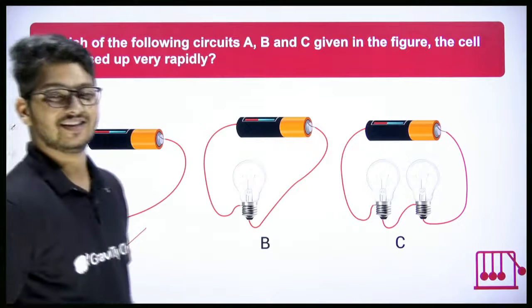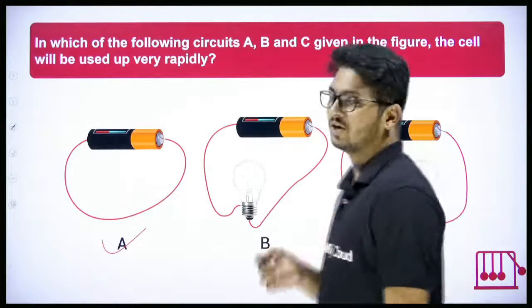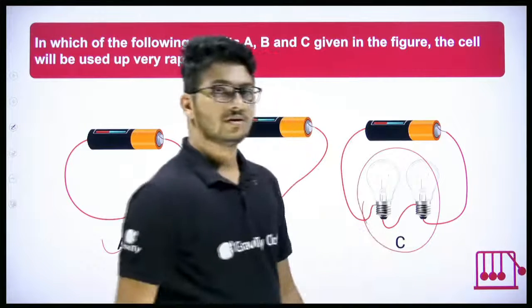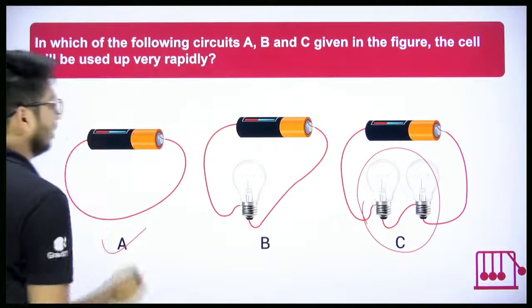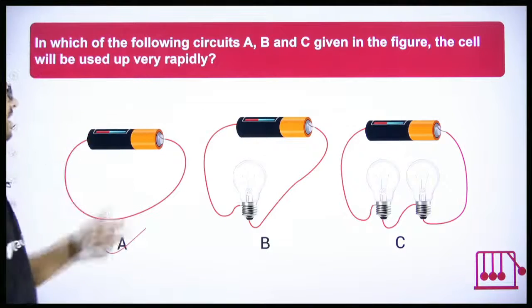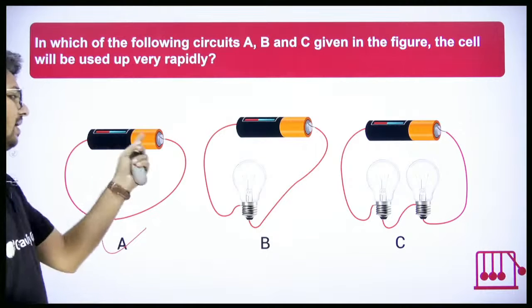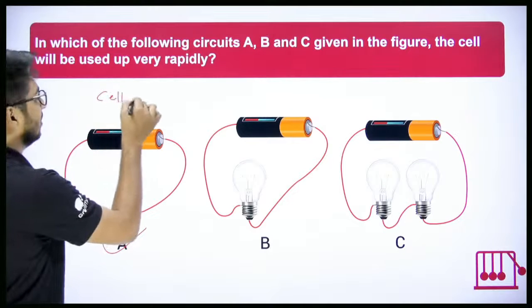The answer is option A. Now many of you might be thinking, why sir, in the case of option C we have two bulbs, so it should be C. No. If you remember, in class we went through a simulation, and in the simulation we saw that when there is no bulb, that is when the cell is connected only by wires, the cell will burn.